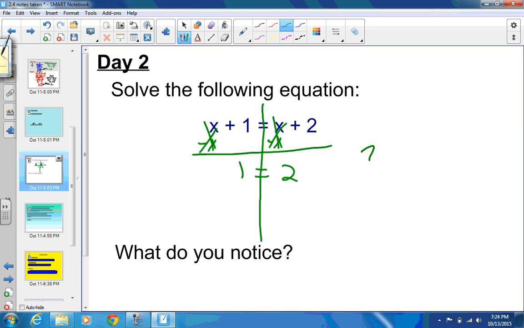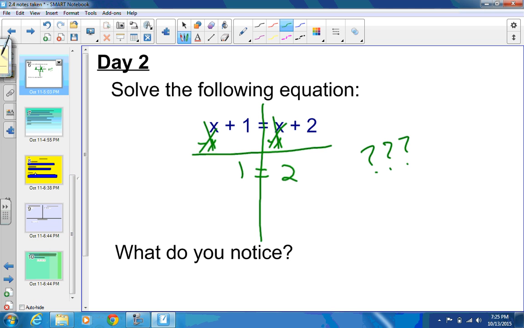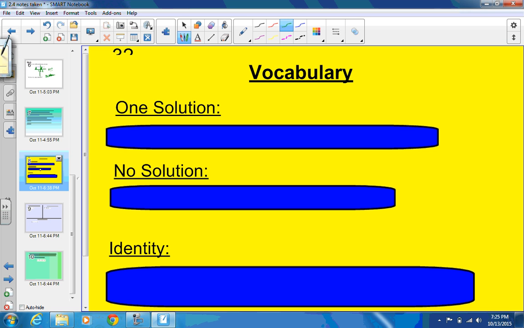And that makes me think, what? Well, this is one of the situations we're going to deal with today. 1 definitely doesn't equal 2. So if you get an equation like that, hopefully you notice that it's something called a no solution. There is no solution if they're not equal. So that is one of our terms for right now.